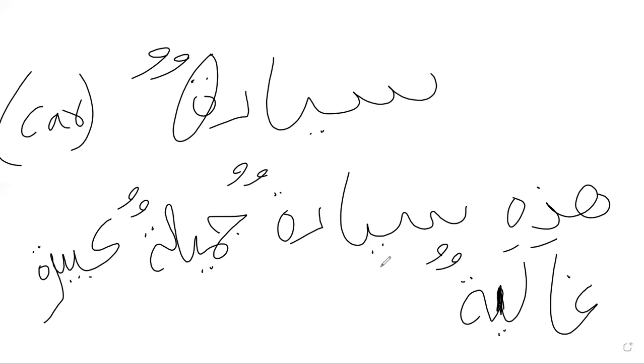Okay, هذه سيارة جميلة كبيرة غالية. This is a beautiful, big, expensive car. Okay, so let's clear the screen and write it in one line so it's more clear.